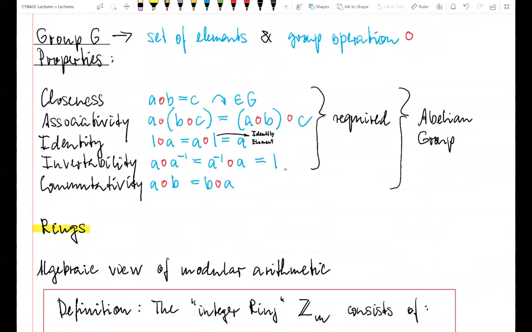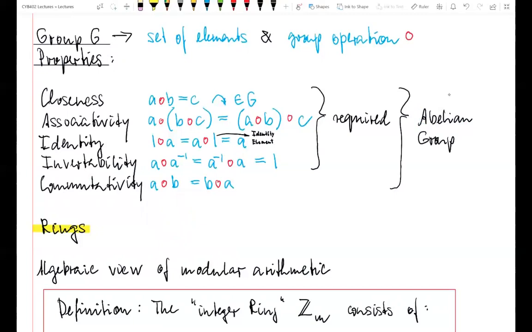If groups are also commutative, so if we can switch the elements around the group operation and both versions are still the same, then we call this group an abelian group. Abelian is named after a mathematician.